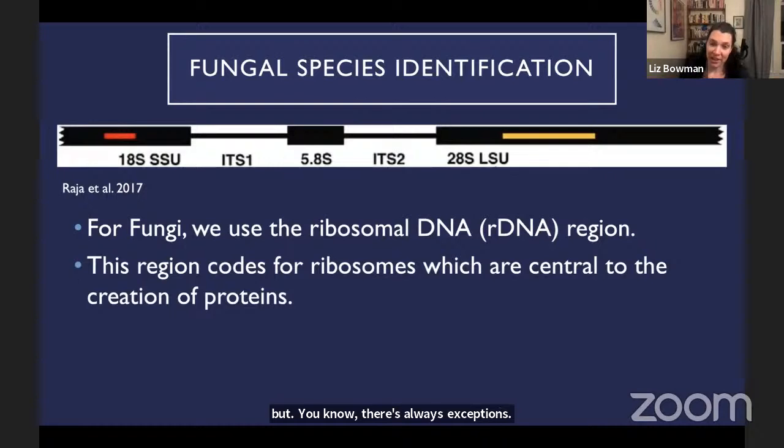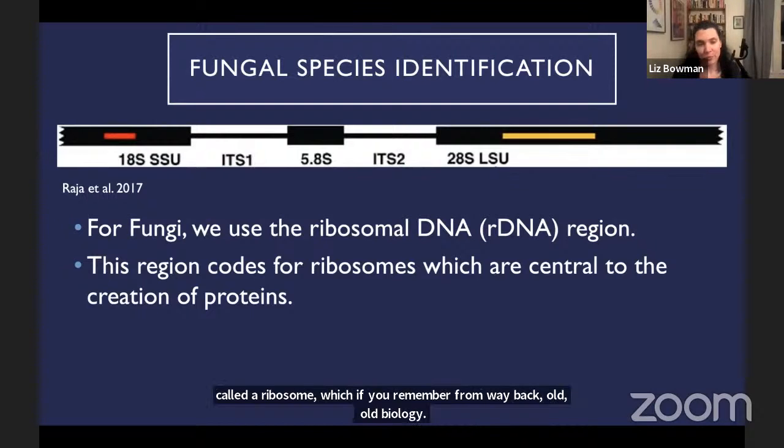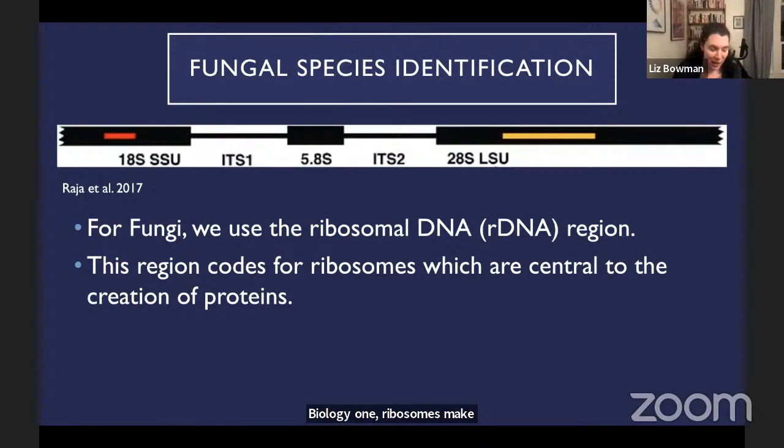For fungi, it was determined in the early 2000s that we should use the ribosomal DNA region. This is a really highly conserved region because it's very important. It codes for what's called a ribosome, which, if you remember from old biology, Biology 1, makes proteins. It's actually kind of cool because ribosomes aren't proteins themselves.